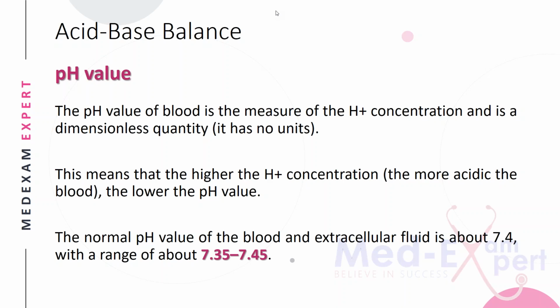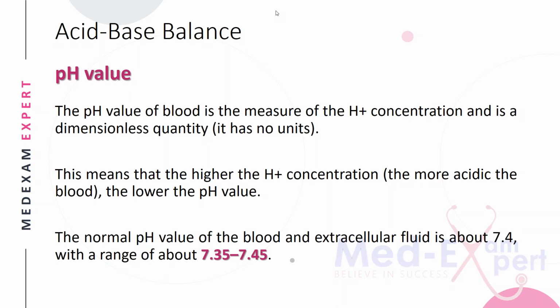In other words, a low pH value means a high hydrogen ion concentration, means acidity, and a low hydrogen ion concentration means alkalinity of the blood, means a higher pH value. So when the pH value is less than 7.35, that means that the blood is acidic and I have a high hydrogen ion concentration. When the pH is more than 7.45, that means that the blood is alkalotic and that I have less hydrogen ion concentration.